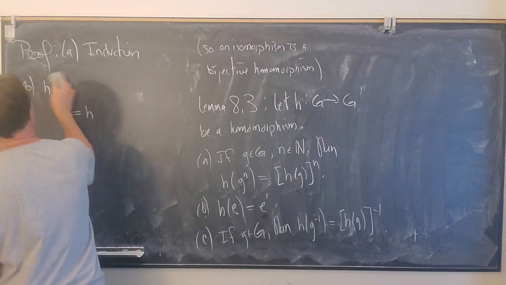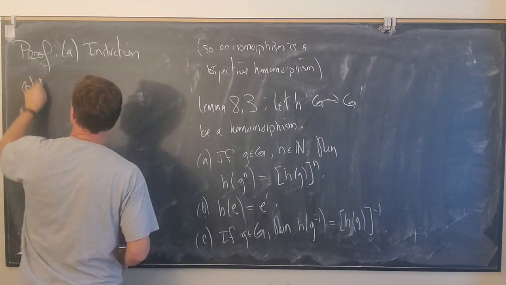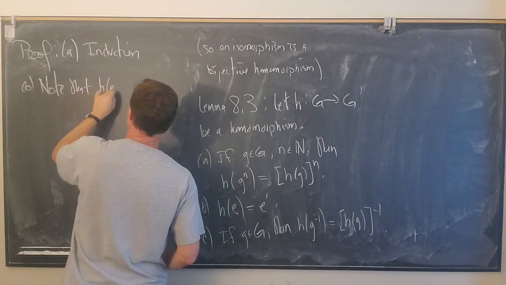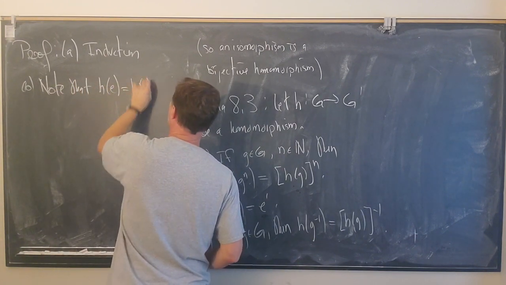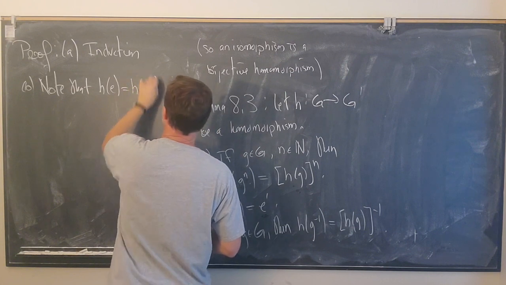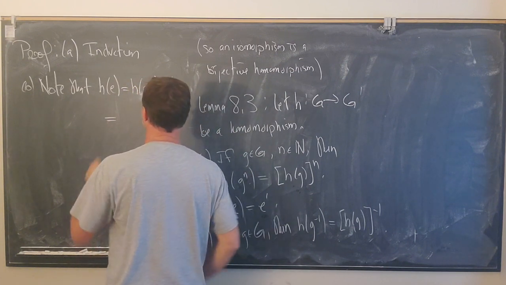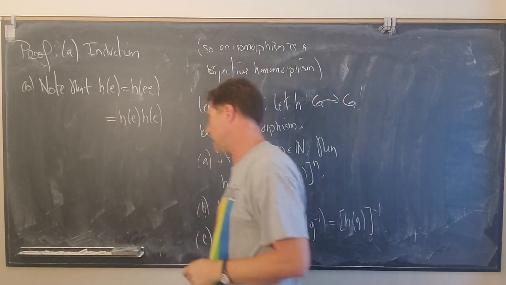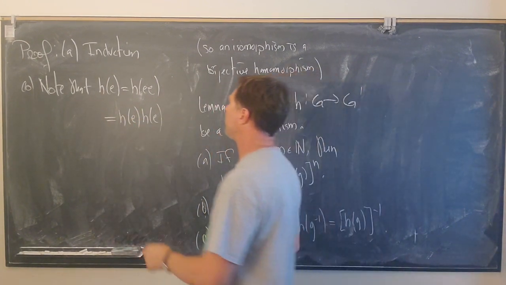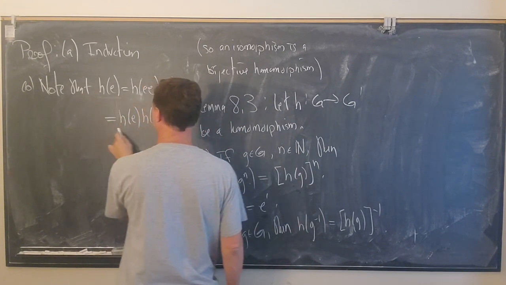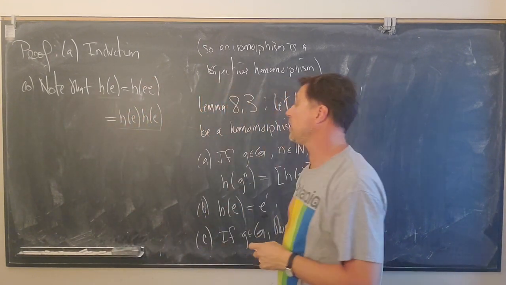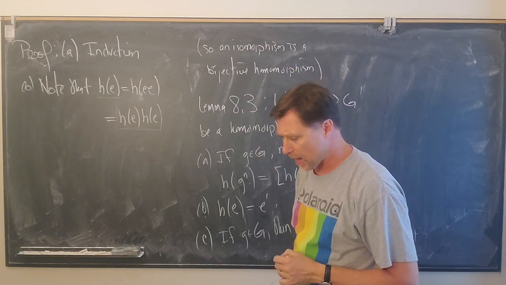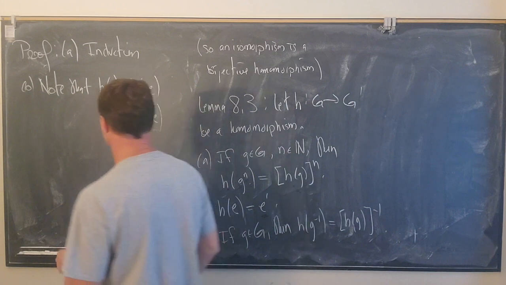So note that h of e is equal to h of e times e, which is equal to h of e times h of e. Now I have this equation where the left-hand side is h of e and the right-hand side is h of e times h of e. And now we can apply cancellation.